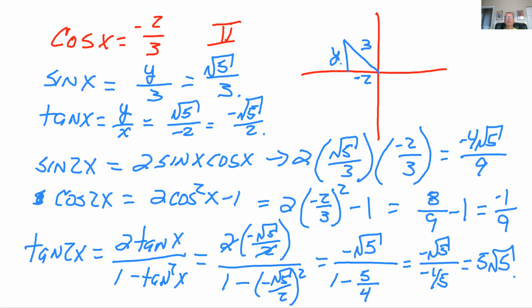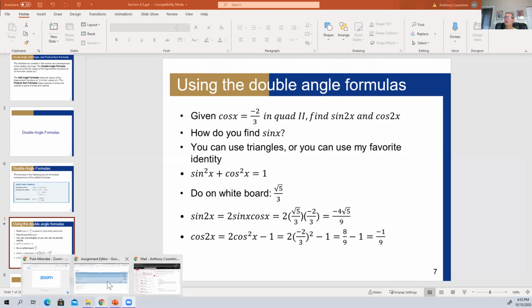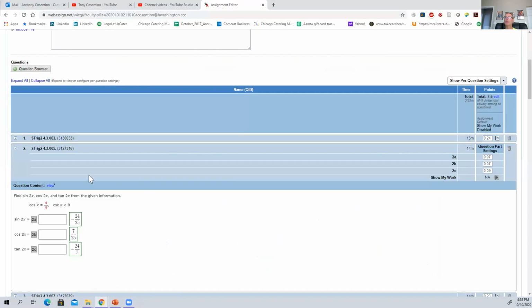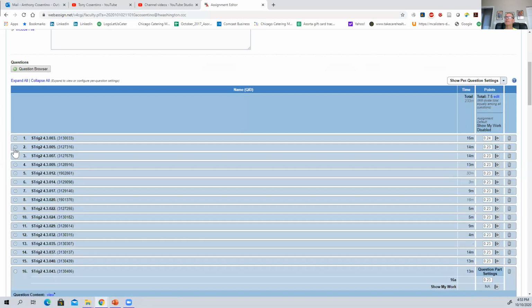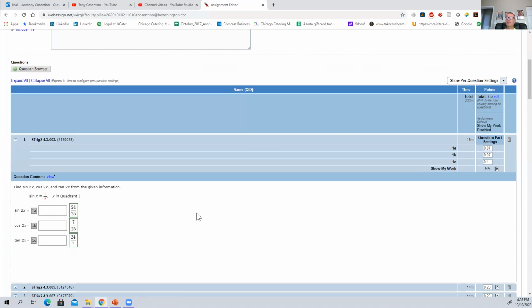So when you take a look on the slides here, you can see I walked through this one as well. And when you take a look at, for example, the WebAssign homework, let me pop that up here real quick and show you. The first part of the WebAssign is, given these concepts, calculate sine, cosine, and tangent of the double angle.